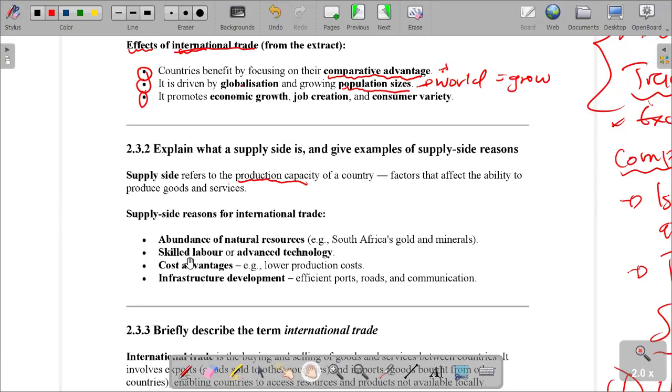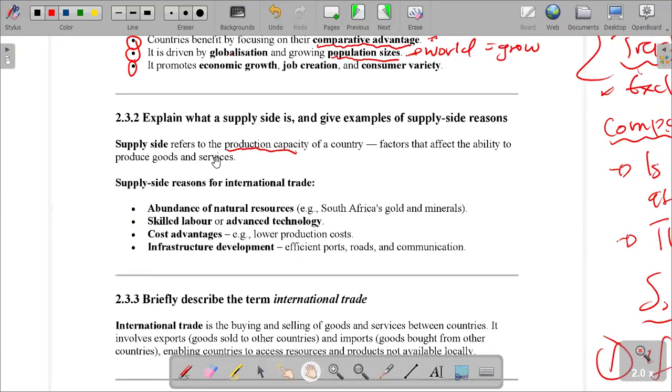How much milk can we produce based on a certain amount of cows? It will depend on how much raw materials we have to produce a large amount of products, or capacity amount of products, right? So that is what supply side means. It refers to the production capacity based on the factors that affect the ability to produce those particular goods or services.